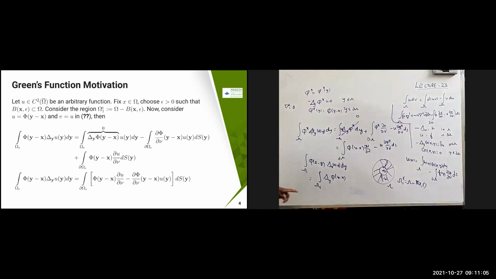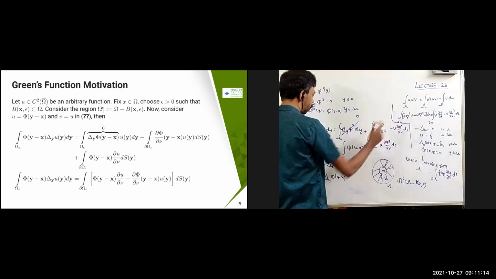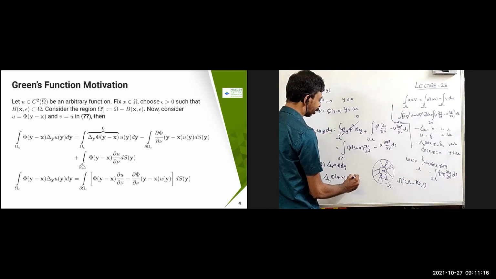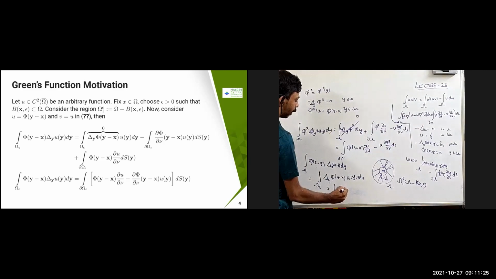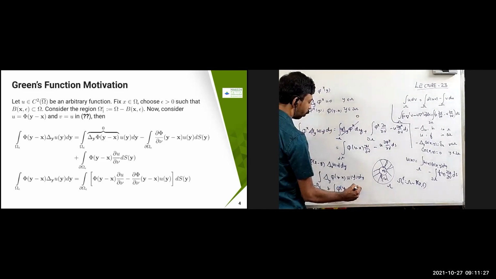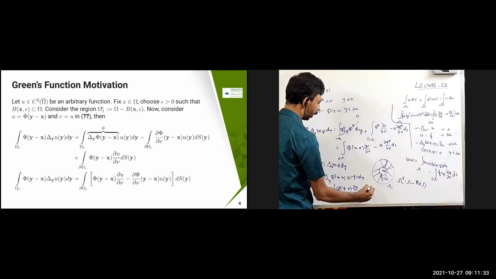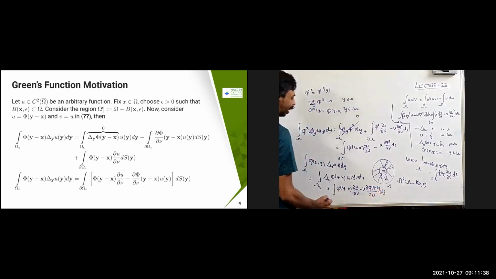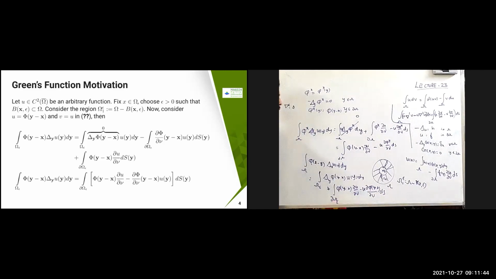So therefore, on the other side, this is going to become the integral over omega epsilon of del y pi of y minus x, because u is pi of y minus x and v is going to be u of y, dy, plus the other term, pi of y minus x into dou u by dou nu minus u dou pi of y minus x by dou nu, ds, over dou omega epsilon.